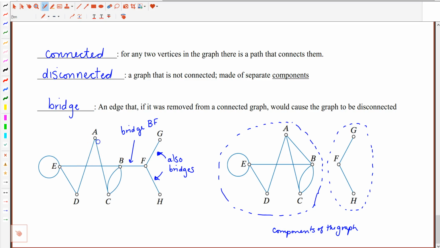You would come with your pencil and erase one of the edges, and then look at the graph model in front of you and ask yourself, is it still possible to get from any vertex to any other vertex through a series of adjacent edges? If it is still possible, then that graph is still said to be connected, and that edge is not a bridge. So this edge also is not a bridge because that graph is still connected.